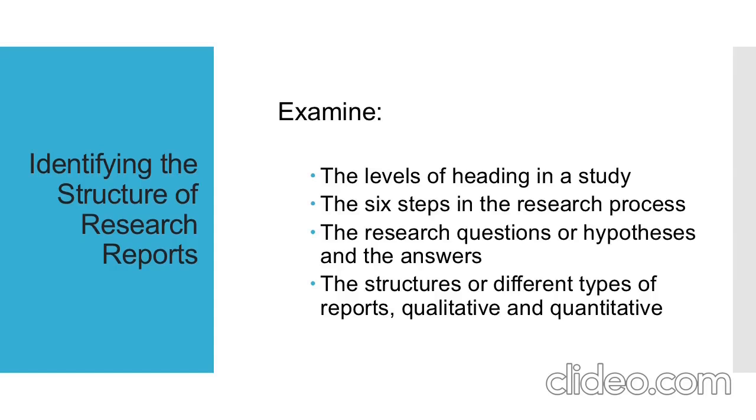Third, look for the research questions or hypotheses and the answers researchers develop to these questions. Fourth, become familiar with structures of different types of reports, especially approaches using quantitative and qualitative research. Again, in your opinion, which one is the best strategy?